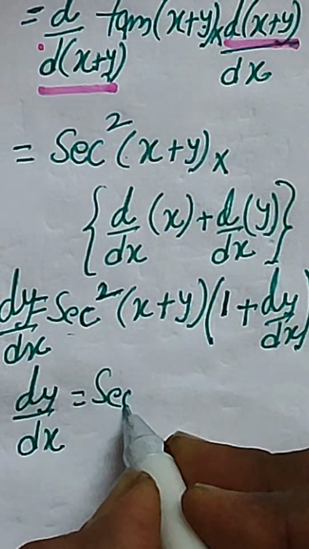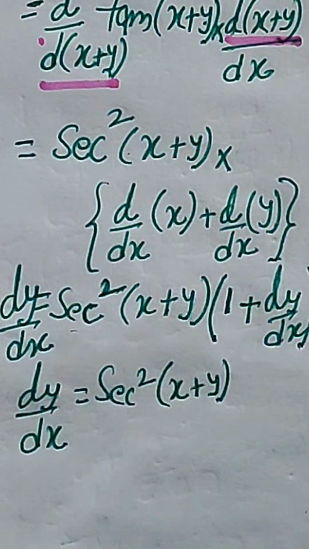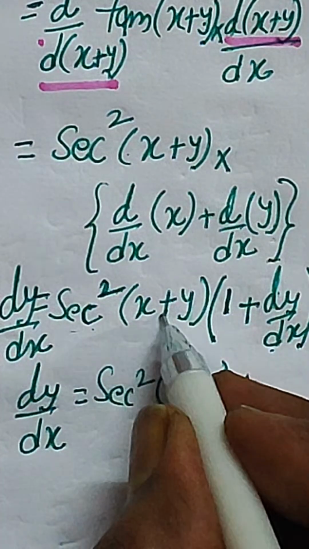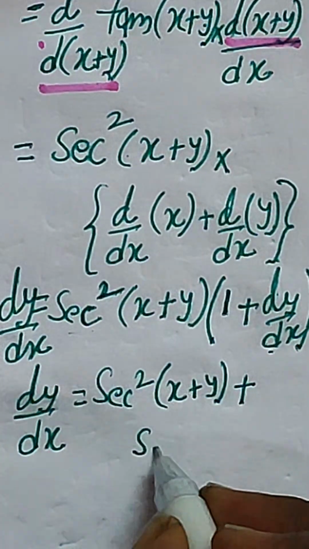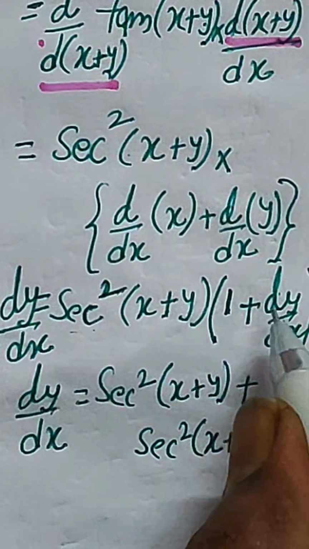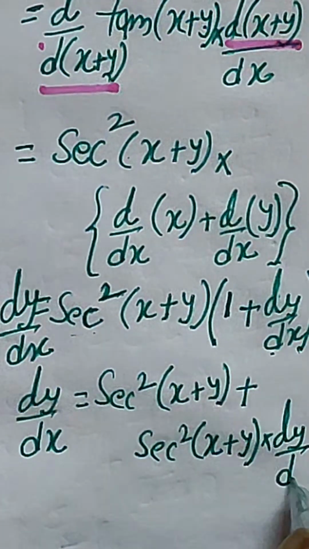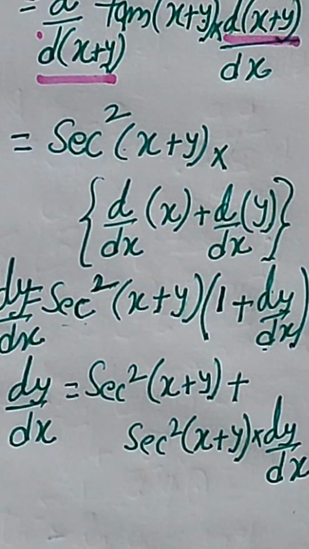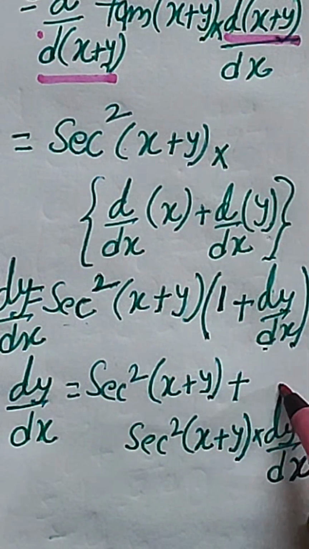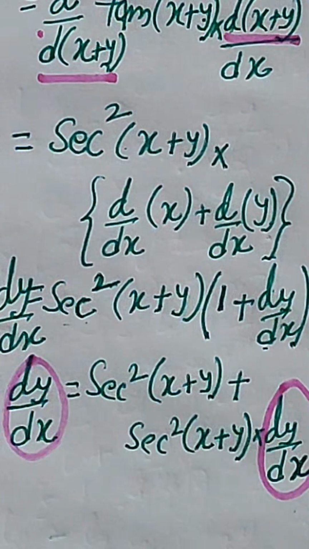Then we have sec square of x plus y, plus dy by dx of sec square of x plus y. We can write sec square of x plus y because this is acting as a constant for the term dy by dx. So here I think you can understand that this dy by dx is coming on the RHS also, and it is here on the LHS also.